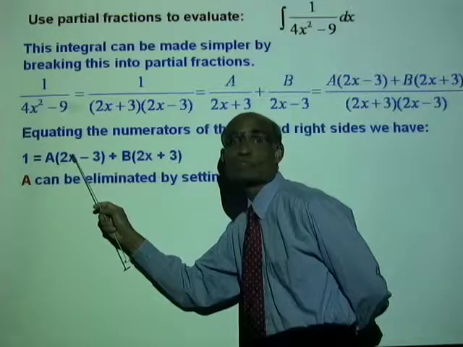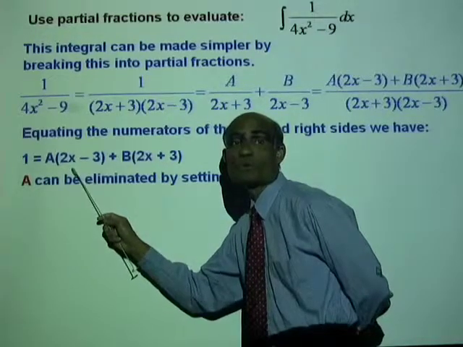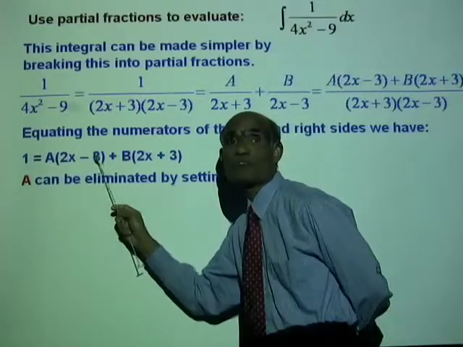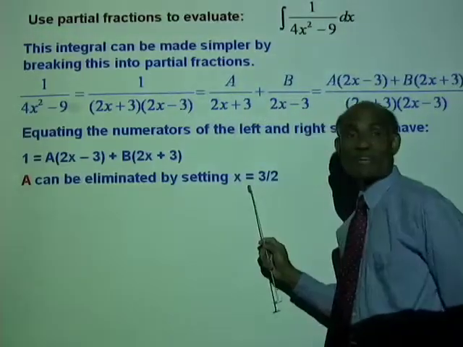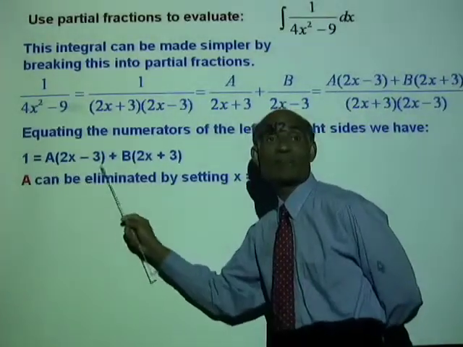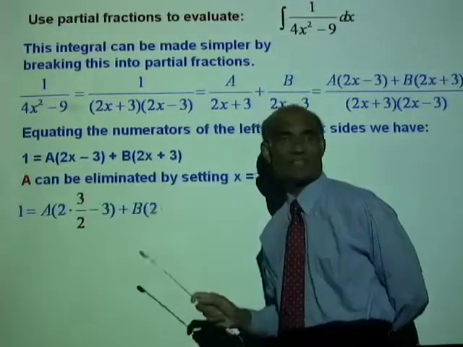If you put x equal to 3 over 2, then 2 times 3 over 2 will be 3. 3 minus 3 will be 0. So we set x equal to 3 over 2 in here so that we can eliminate a. You see how simple that is.